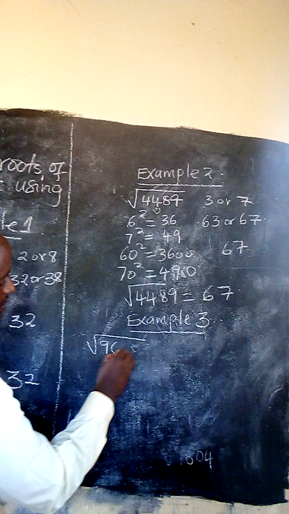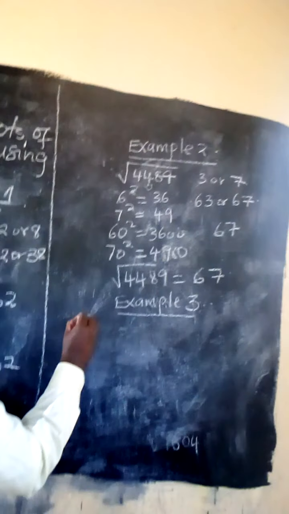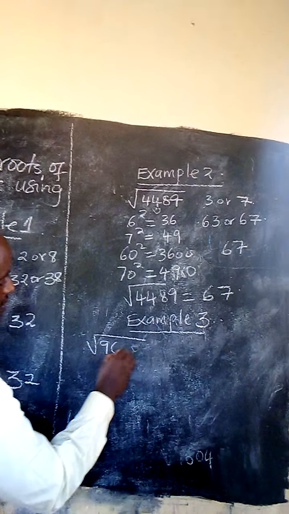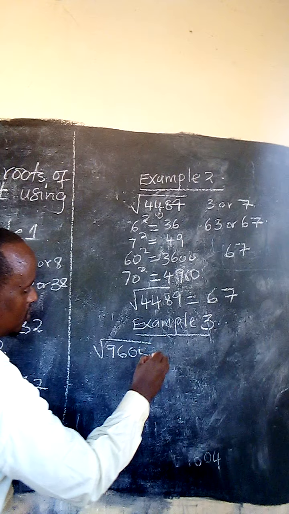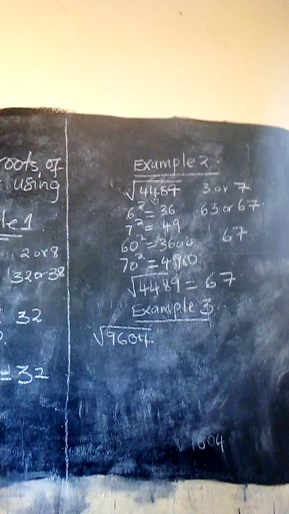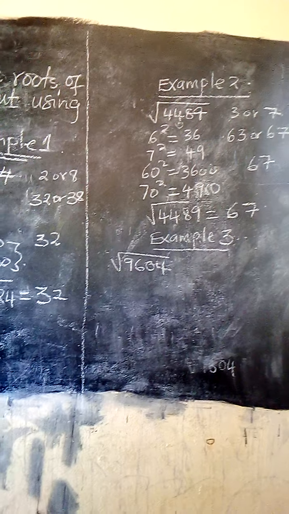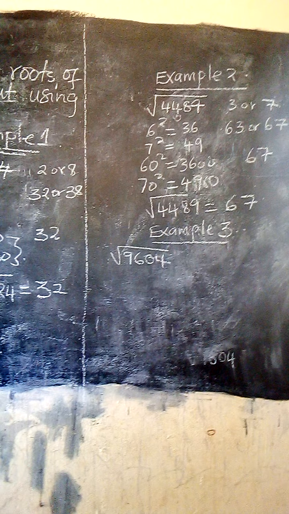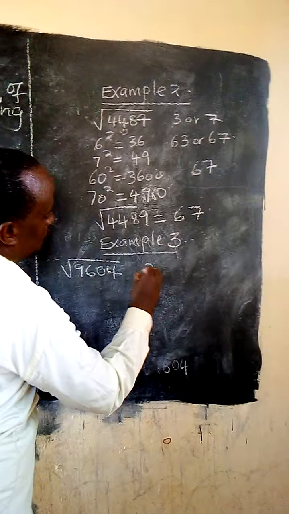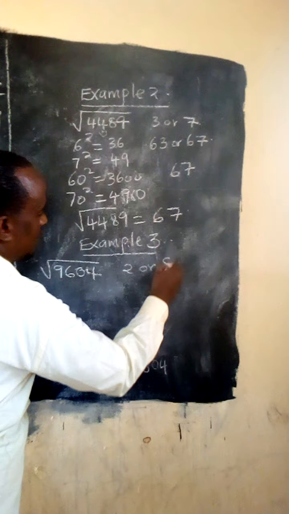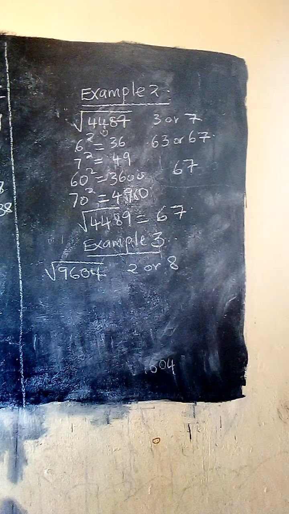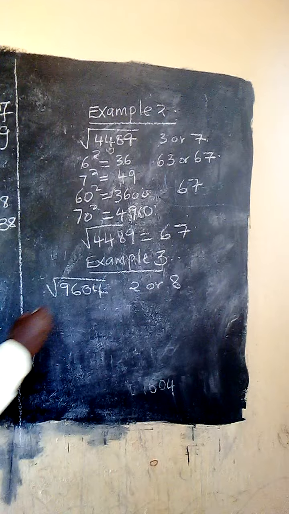And finally, let's go for example number 3. Example number 3, square root of 9604. So we can see that the last digit will either be 2 or 8. Now we cancel this.